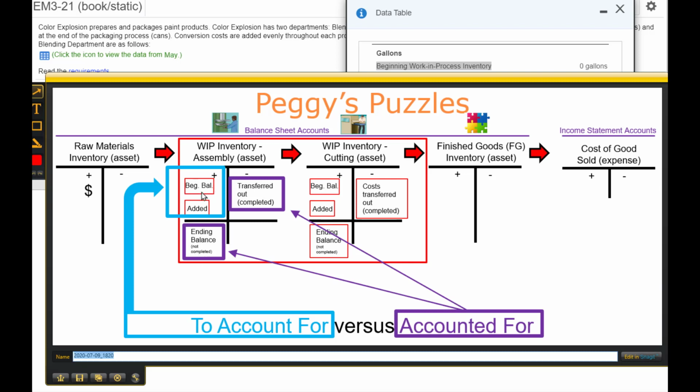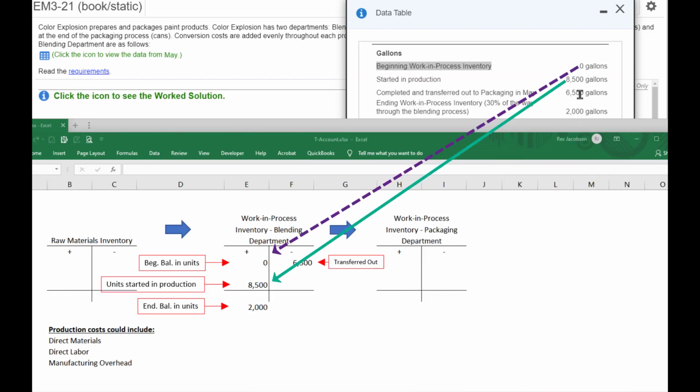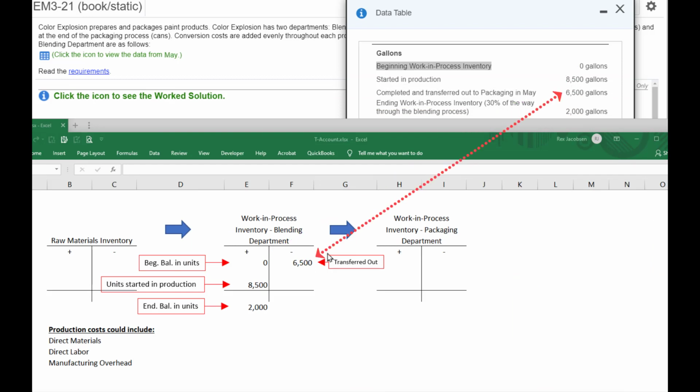So these two to account for, beginning plus the additions, have to equal the units transferred out and the units left in the process incomplete. So it says 6,500 gallons were completed and transferred out. So I put those here on the minus side, which means 8,500 plus 0 minus 6,500 means there's 2,000 units ending that are incomplete. And it tells you that here. We didn't even have to do the math for that.